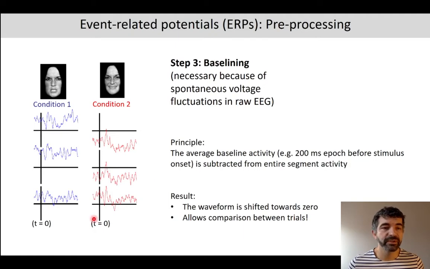One thing you might notice here is that they seem to be a bit misaligned. So this one is somehow above the x-axis, this one is below it, and so on. So in order to make them more comparable, we do something called baseline correction. The principle of baseline correction is there is constant variation in the EEG data, and we assume that, say, the 200 millisecond epoch before each stimulus is some kind of baseline.